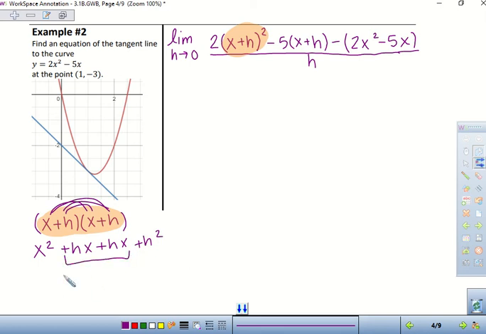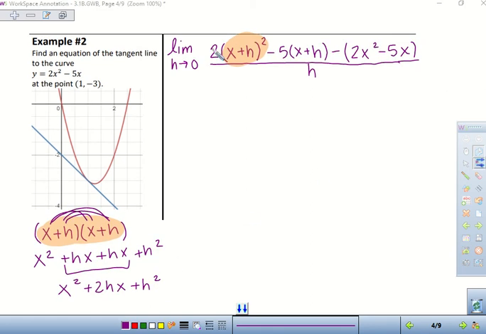These are like terms, so these become x squared plus 2hx plus h squared. Now I can replace, and I'm not going to write the limit just to save room, but it's still there. 2 parentheses x squared plus 2hx plus h squared.